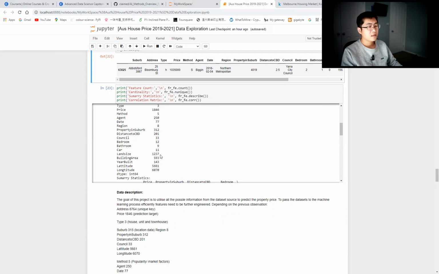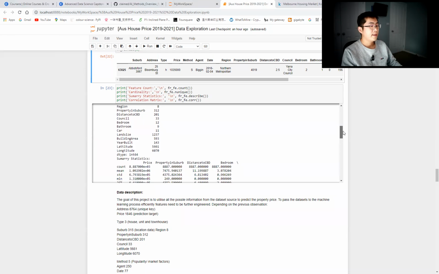If they have too much variation, we will consider binning them into categories, so the machine in the modeling process will be more efficient in terms of computational power usage.